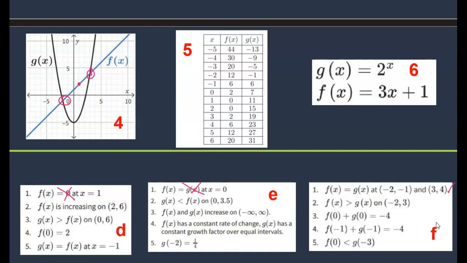Maybe let's try another one. F of x is greater than g of x on -2 to 3. Is the line of f of x above g of x? So let's see. -2, we have -1, -2. It's right here. You can see it meets at that dot right there. Here's 3. So on this interval, from here to here, is the line f of x above g of x?